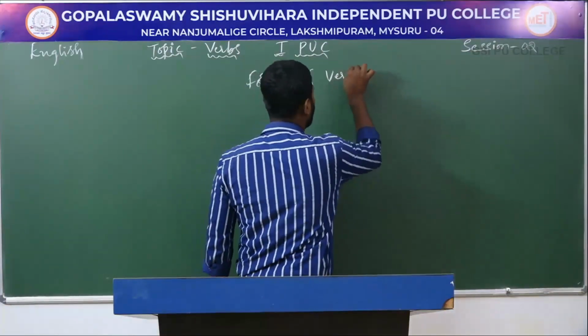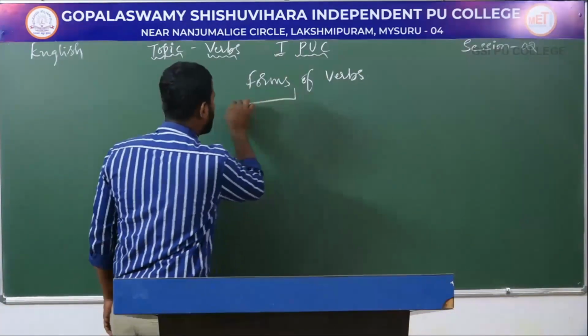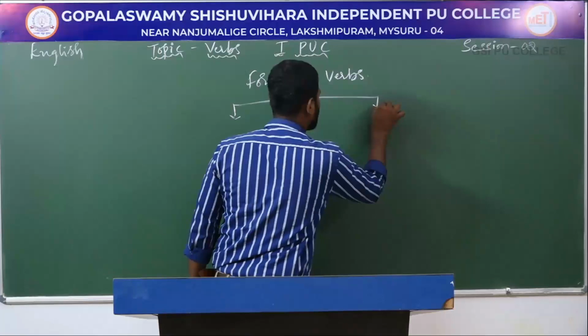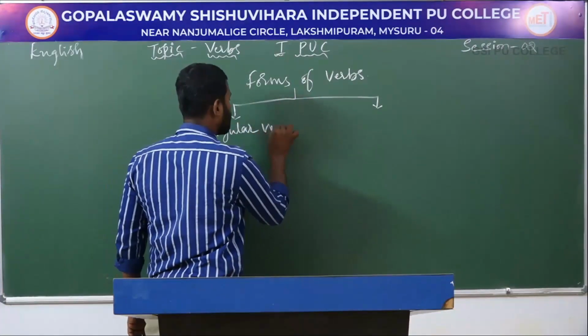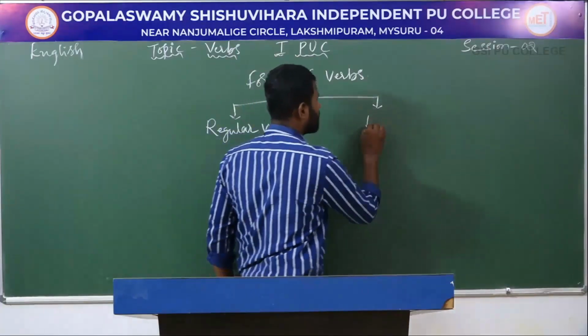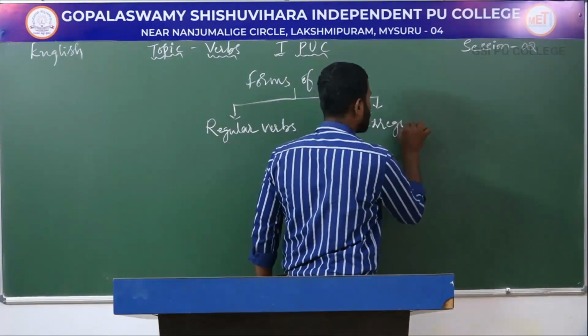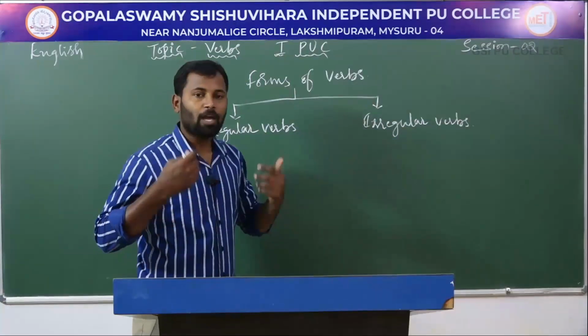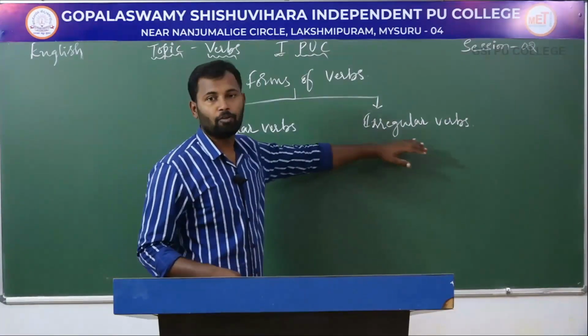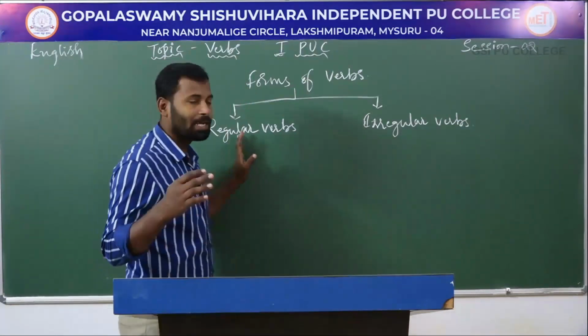Two forms of verbs: one is regular verbs and the other is irregular verbs. How can we identify the regular and irregular verbs? Here you have a clear-cut difference.